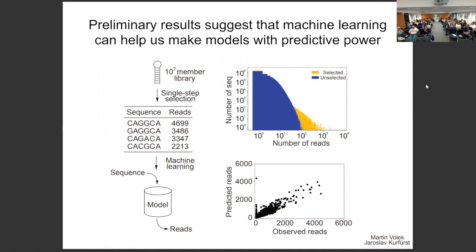This graph in the bottom corner shows the result of one of his models. So on the x-axis, we're showing the experimentally observed read number, and on the y-axis, the read number predicted by his model. And just to give you a little bit of information about this, he took the top 1 million sequences in the data set. He used 750,000 of them to train the model.